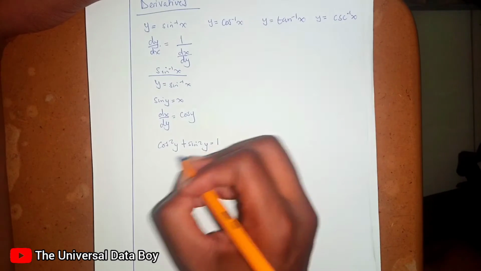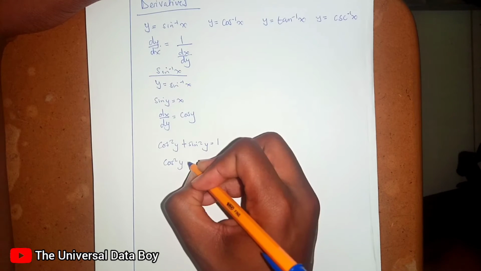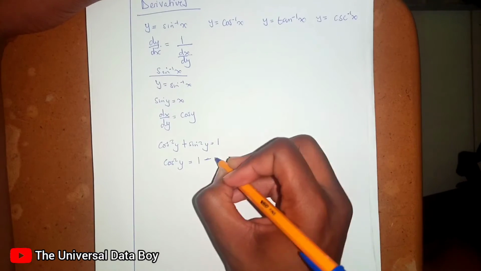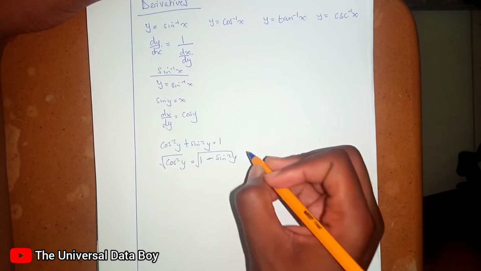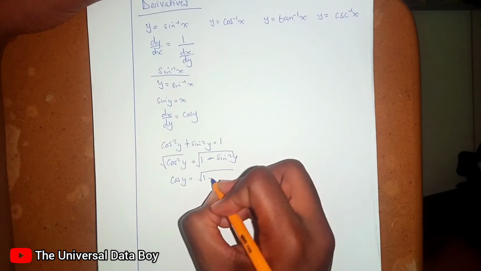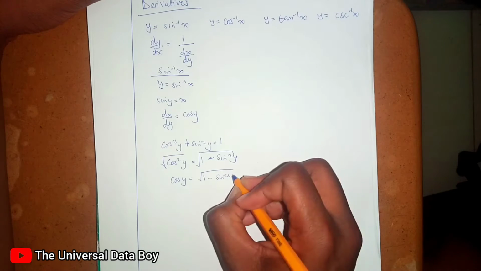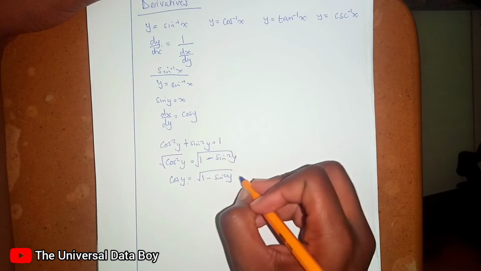So cosine squared y is equal to 1 minus sine squared y. When we take the square root of both sides, we're going to have cosine y being equal to the square root of 1 minus sine squared y.